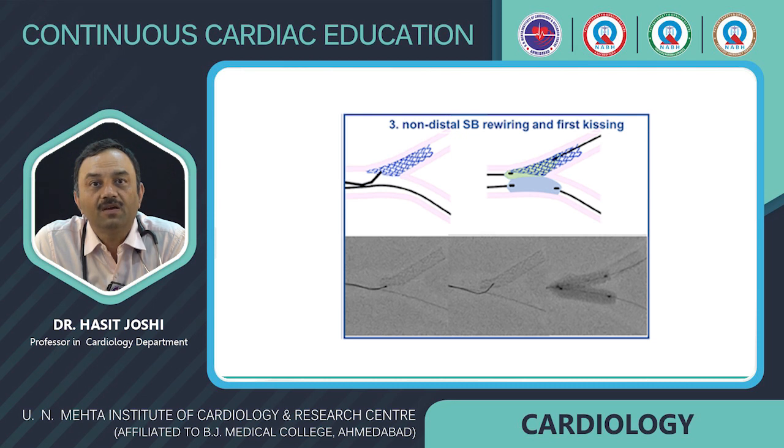After crushing, you recross the stent strut. Here you don't have to cross from the distal carinal strut but a non-distal carinal strut, probably from the mid or proximal. Then dilate the side branch, the crush strut again, and do a kissing balloon.